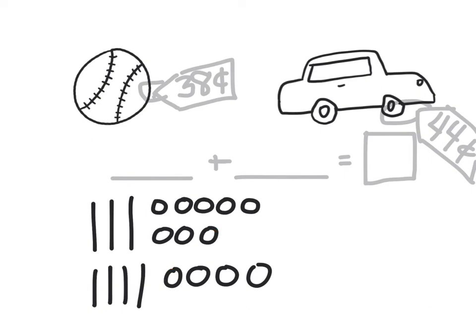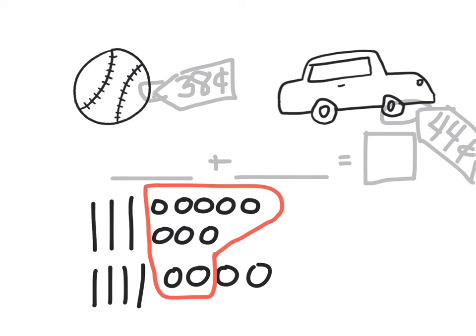So I'm going to take my pen and circle and recount. 1, 2, 3, 4, 5, 6, 7, 8, 9, 10. I was able to make a new 10. Now I will count my total. 10, 20, 30, 40, 50, 60, 70, 80, 81, 82.